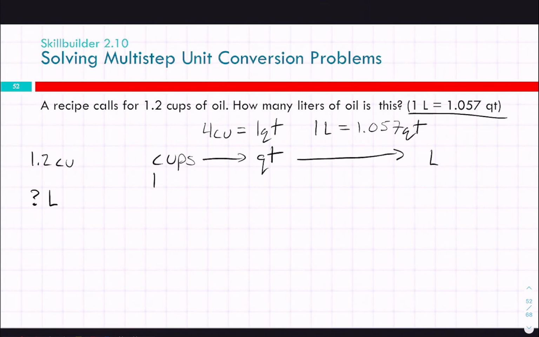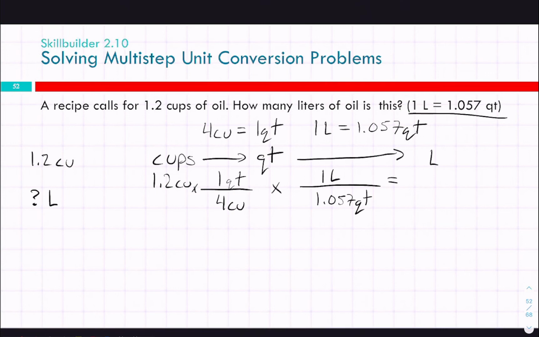Okay, so we're starting with 1.2 cups. How do we get from cups to quarts? What goes on the denominator? 4 cups, quarts on top. And then we want to go from quarts to liters. Quarts on the bottom with a denominator. Then 1 liter on top. And that'll get you there.